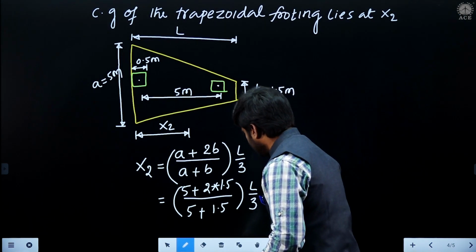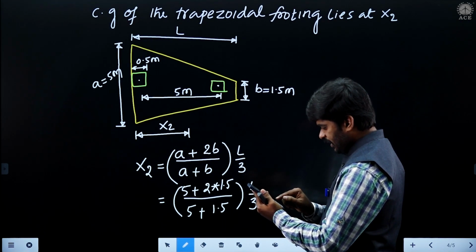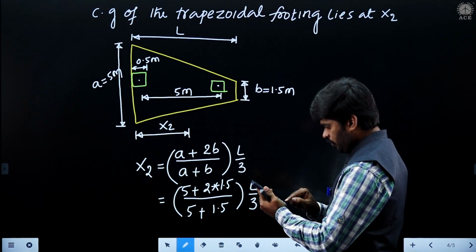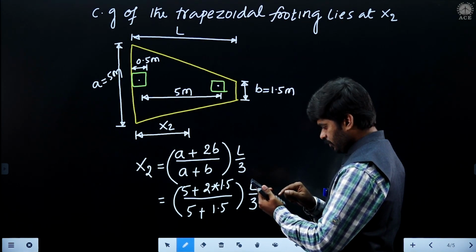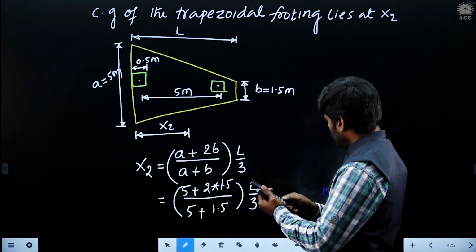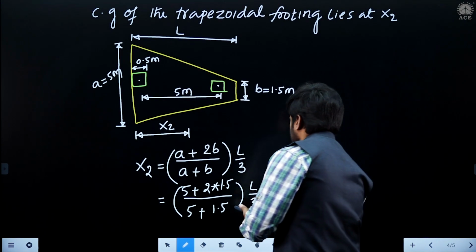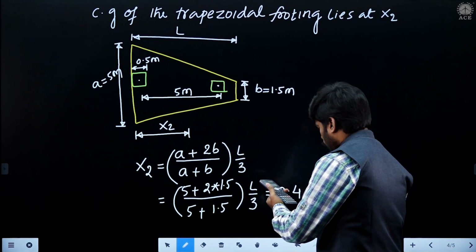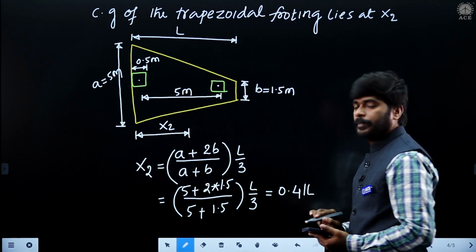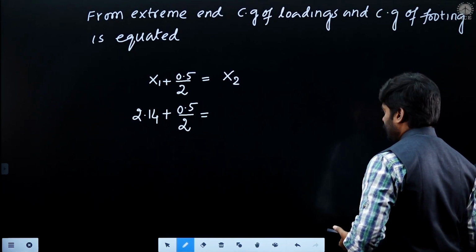Let us simplify this. 5 plus 2 into 1.5, that is 3. 5 plus 3, 8, divided by 6.5, divided by 3. So, 0.41 times L. This one after simplification I am getting 0.41 times L, only 2 decimal places.